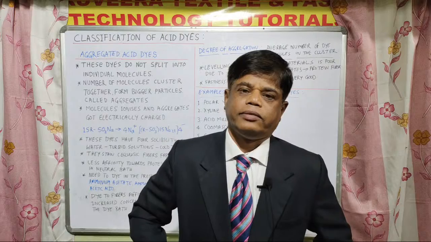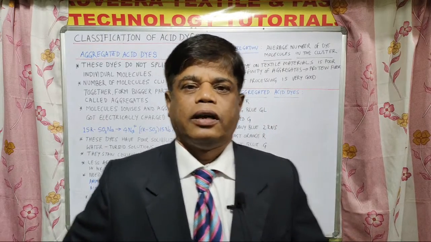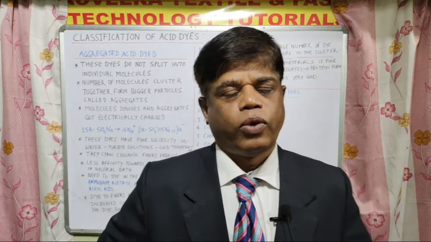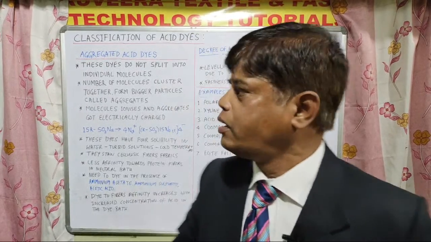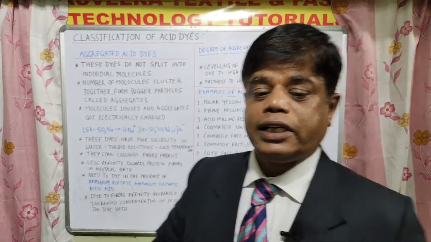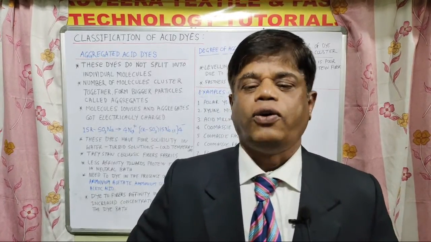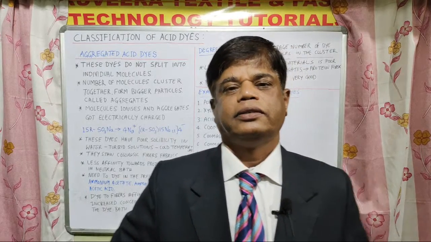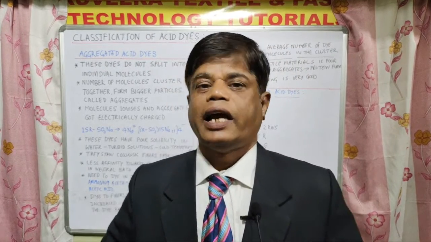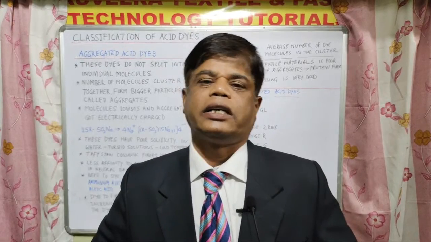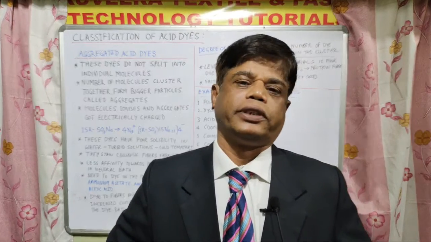But in dyeing, the acid dyes which are soluble in water are called molecularly split dyes. They dissolve in water very efficiently and create clear solutions. Please watch yesterday's video.